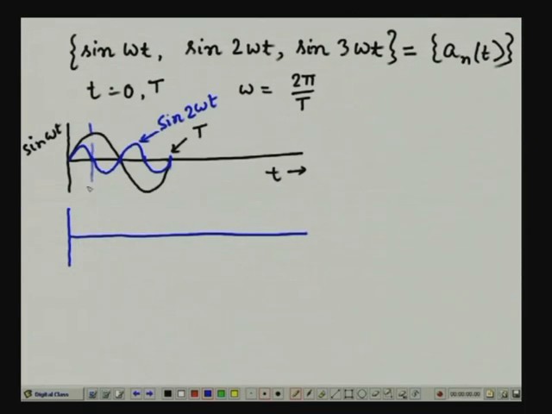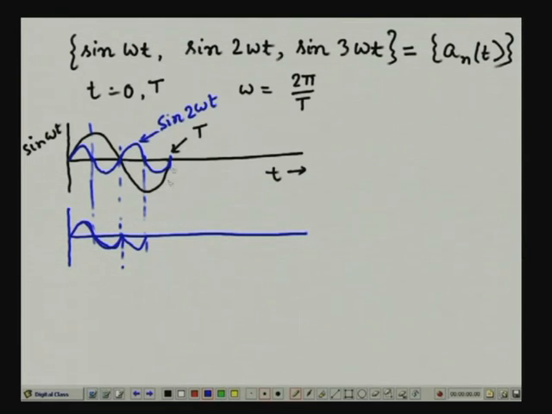You find that in this particular region, both sin twice omega t and sin omega t are positive, so the product will be of this form. In this region, sin omega t is positive but sin twice omega t is negative, so the product will be of this form. In this particular region, sin twice omega t is positive, whereas sin omega t is negative, so the product is going to be like this.